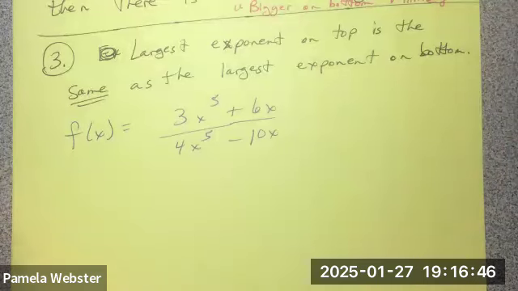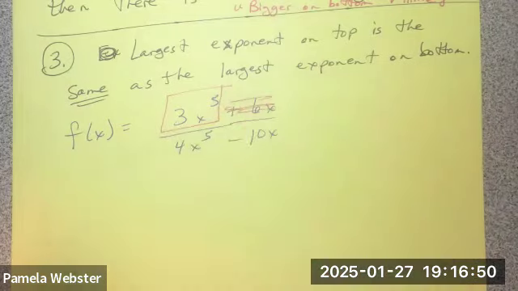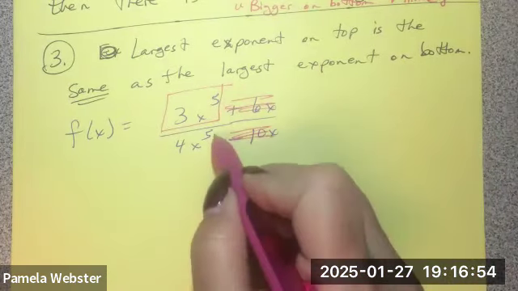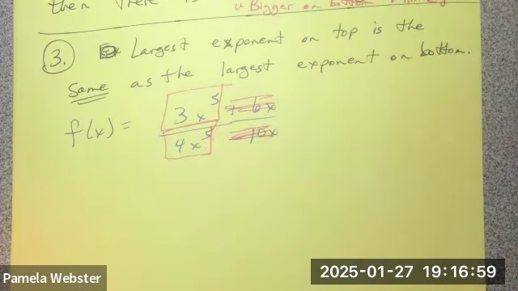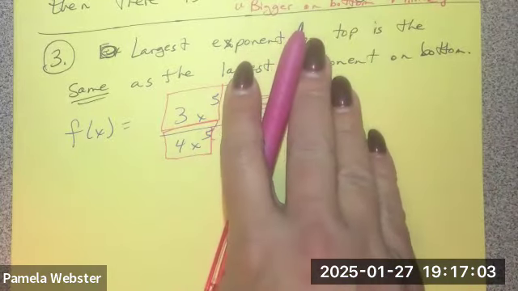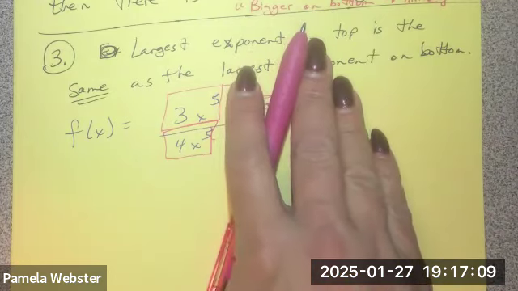Because in the tug of war for the top, the 3x to the fifth guy wins because he's the biggest. And in the tug of war on the bottom, the 4x to the fifth guy wins because he's the biggest, right? And then we get rid of this stuff, and now it's the tug of war between the top and the bottom. So we look between those and we compare those exponents and we say, what are they?